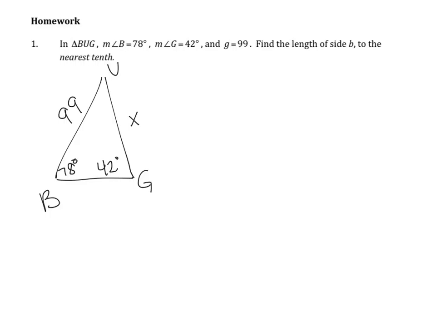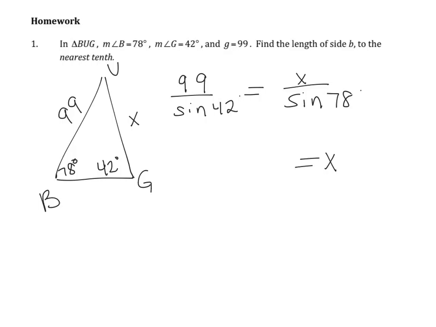So since I'm looking for sides that are opposite the angles that are given, we can set it up. 99 over sine of 42 is equal to x over sine of 78. So now we have 99 sine of 78 all over sine of 42.